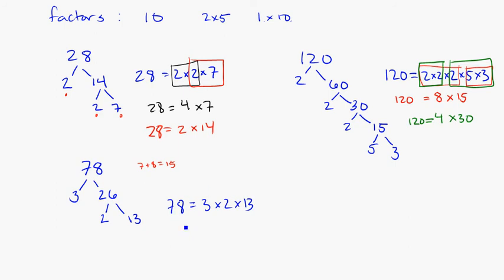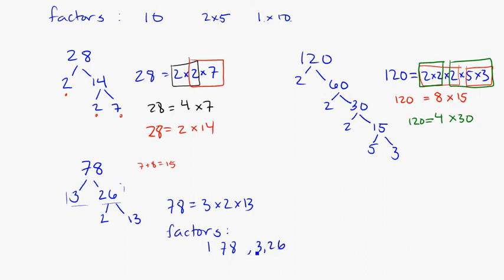So the factors of 78, if I wanted to list factors after getting that, would be 1 and 78, and then look at different combinations here. I could do 3 and 26 from that group.